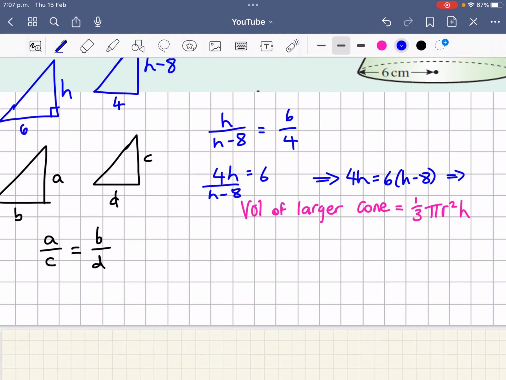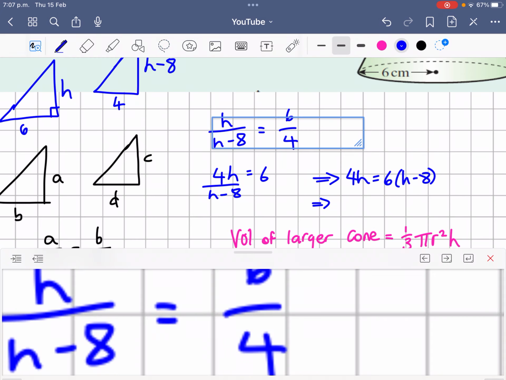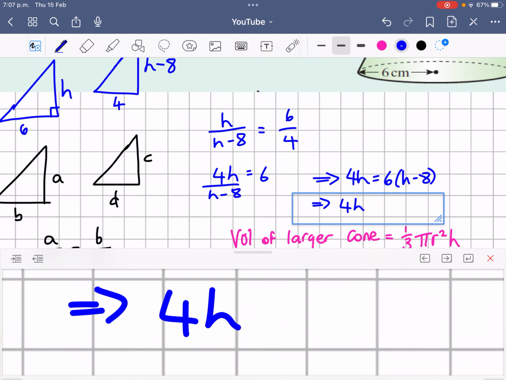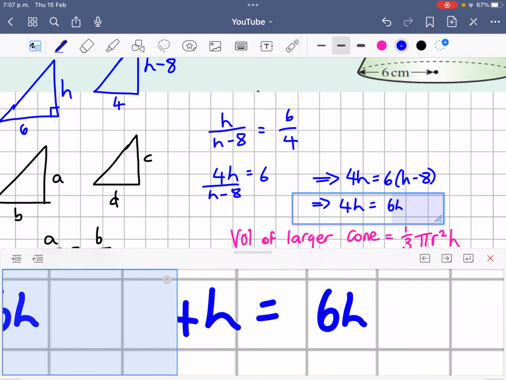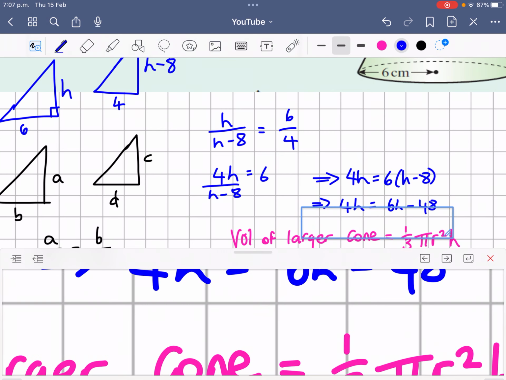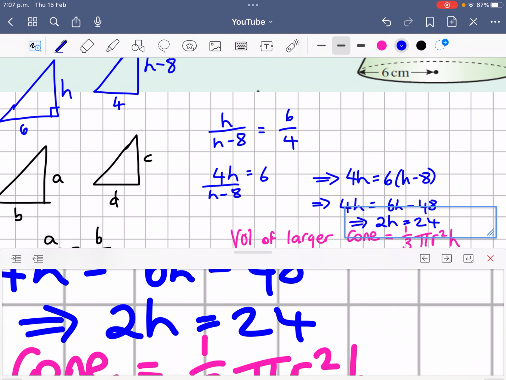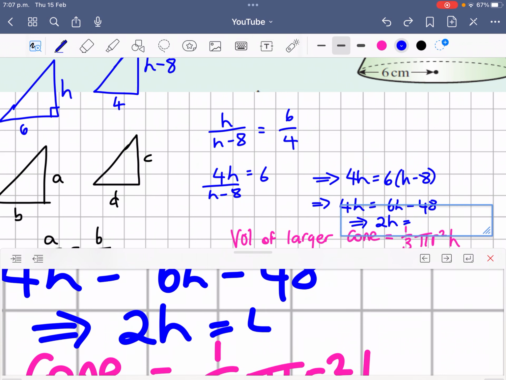So that implies 4h is equal to 6h minus 48. So 2h is equal to 24. So h must be, sorry, it's not 24. 2h is equal to 48.